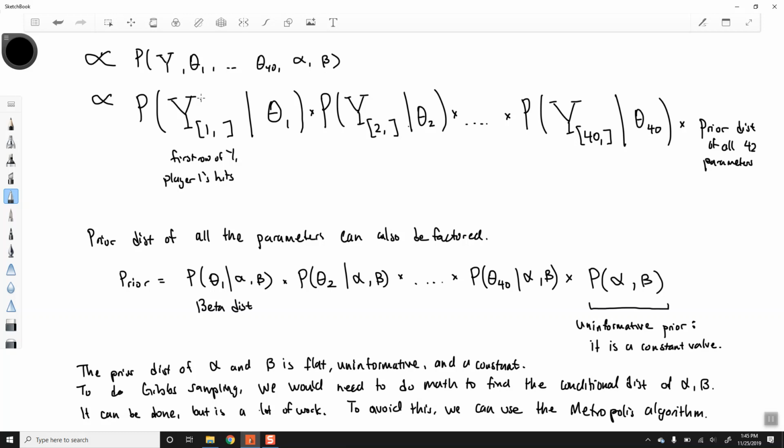The univariate distributions of y given theta are all Bernoullis. This is Bernoulli, that's Bernoulli, and that's Bernoulli. And these are all betas, okay? So we have a whole bunch of univariate Bernoulli distributions and univariate beta distributions, and that's what Gibbs sampling will do.